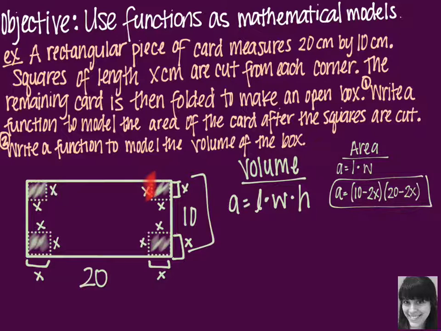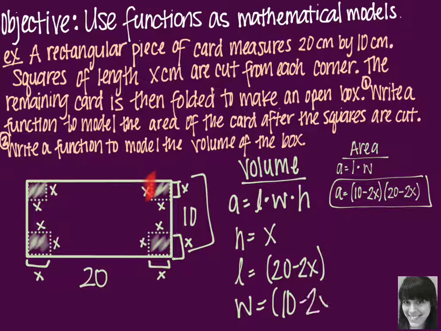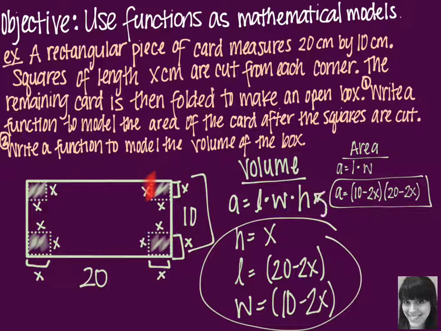Okay, so my height is going to be x. My length, we've already determined, is, well, it doesn't matter which one it is, but it's 20 minus 2x. And then the width is just 10 minus 2x. Okay? So if I put all of these into, oh, sorry, this isn't supposed to be A, it's supposed to be a V. See, this is what happens when I don't teach you in front of you.